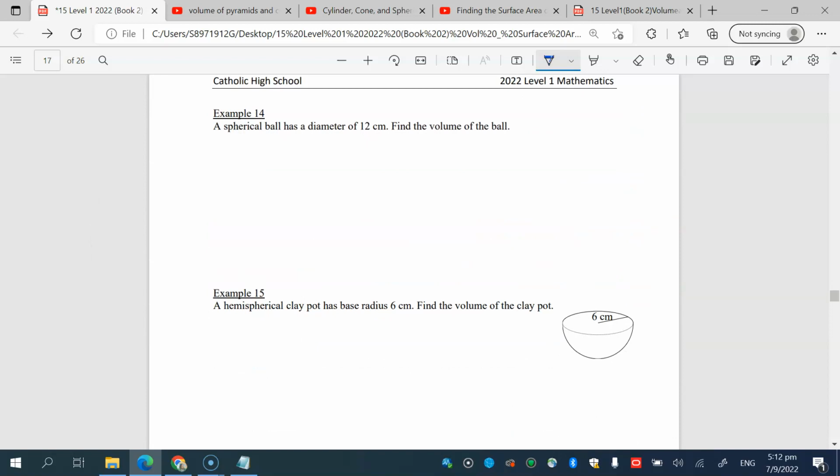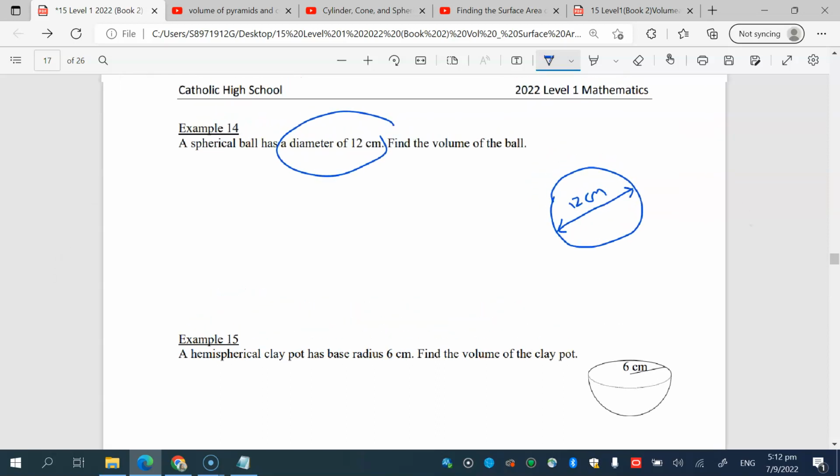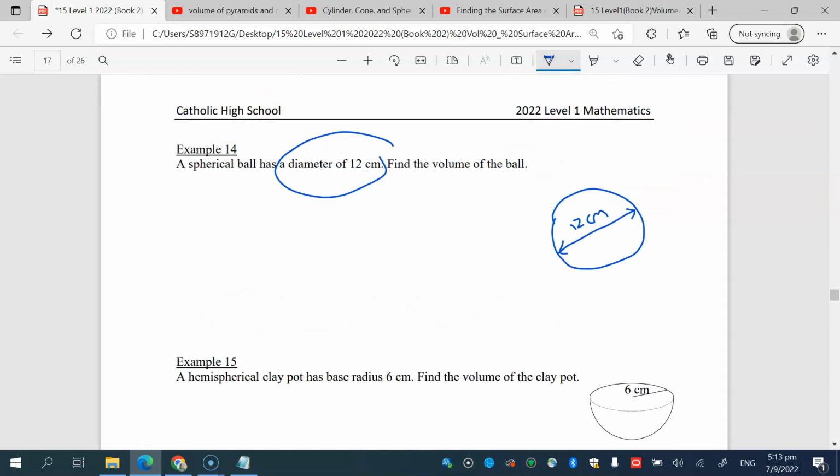A spherical ball has a diameter of 12 cm. Read the question carefully. Sometimes they talk about radius, sometimes they talk about diameter. So this is diameter of 12 cm. Find the volume of the ball. So volume is just 4/3 pi r cube, right?